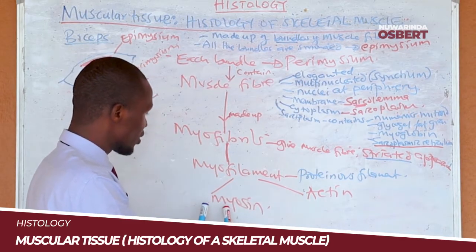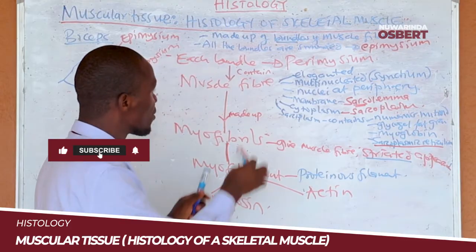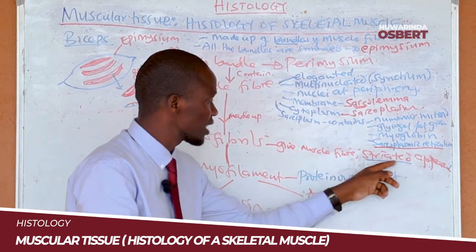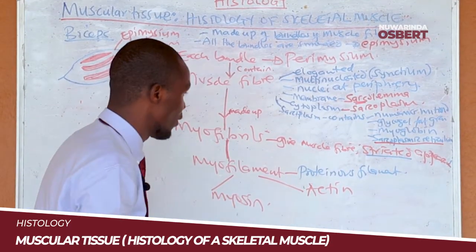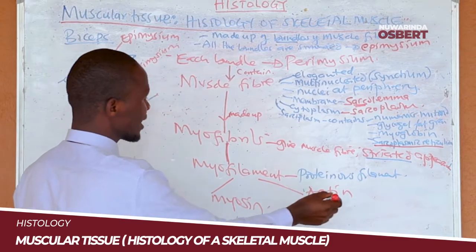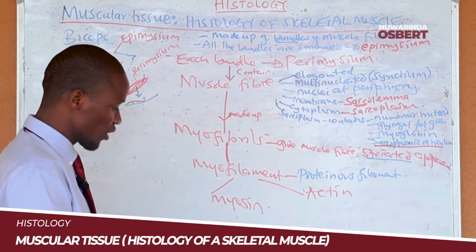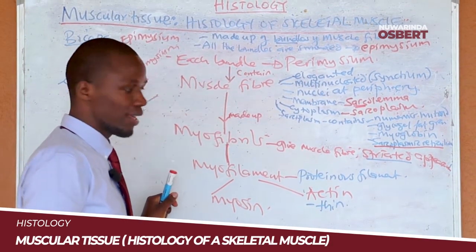So the presence of myosin and actin within the muscle fiber is what gives the muscle fiber a striated or striped appearance, just like we are going to see in a few minutes. So what is special about these proteins? Actin is thin. They are thin filaments.